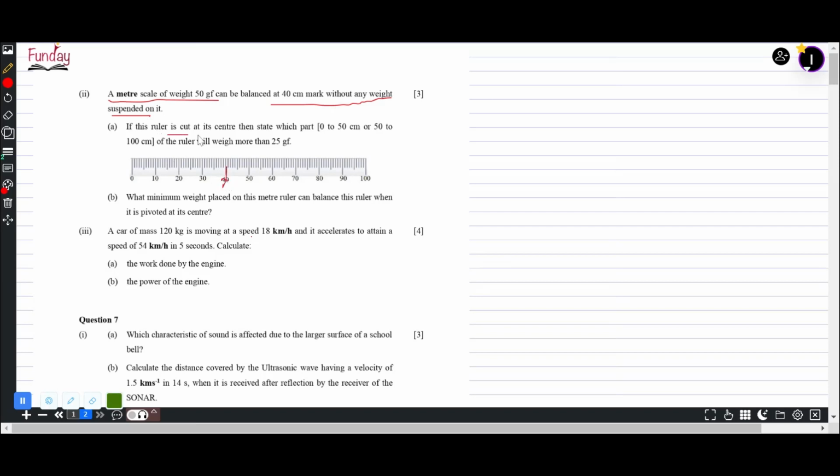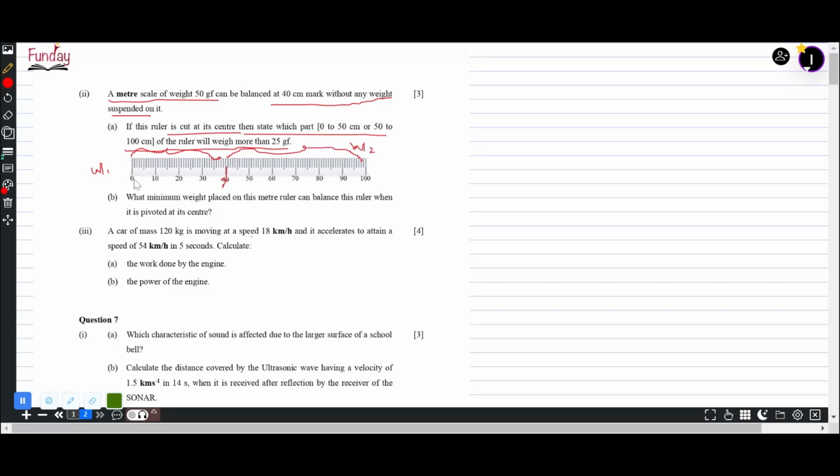Now if this ruler is cut at its center, then state which part of the ruler will weigh more than 25 gram force. So very good question. Let's say that the weight of this part of the scale is W1 and the weight of this part of the scale, which is 40 to 100 centimeters, is W2.